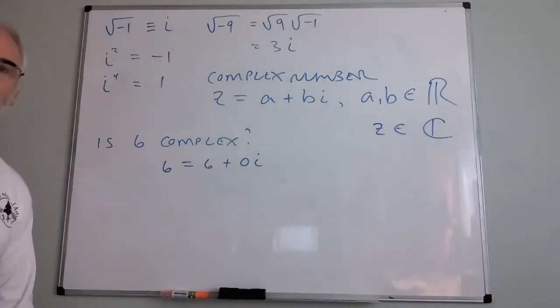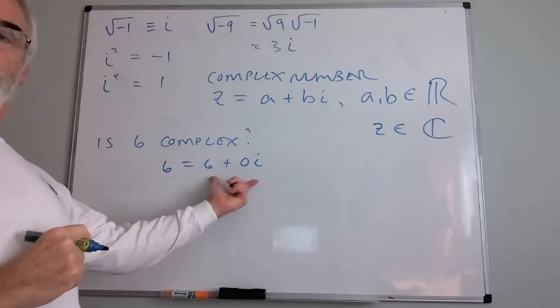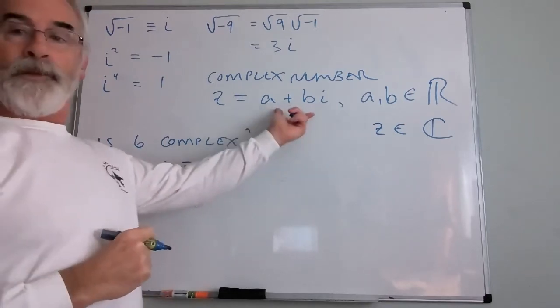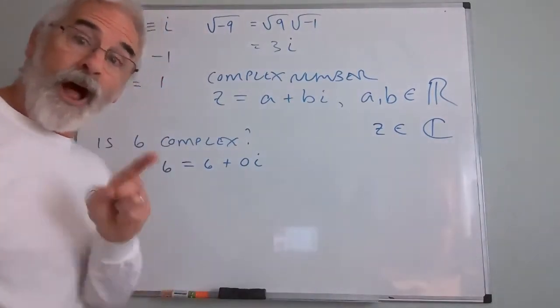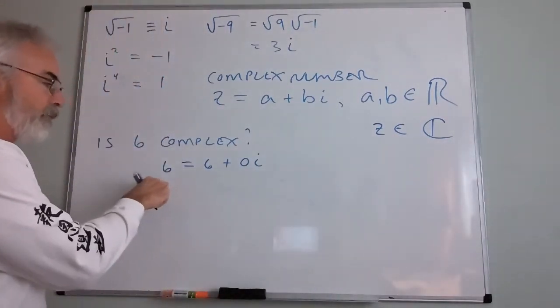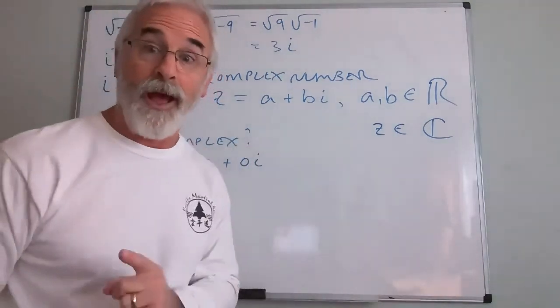Is this a correct mathematical statement? Yes. Did I write it in this form? Yes. I said A and B are real numbers. I didn't say they'd be positive numbers. I just said they'd be real. That means that every real number is a complex number with 0 imaginary part.